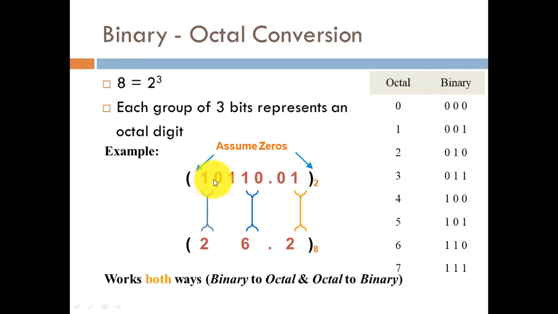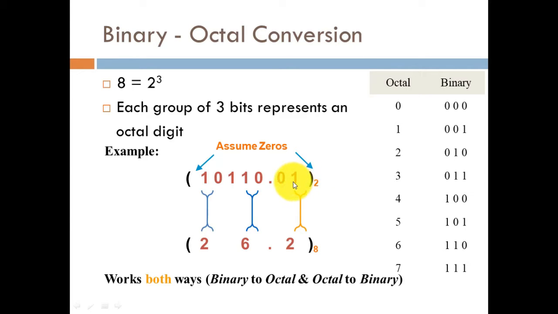Suppose this is the given number that we have, 10110.01. This represents the integer part and this represents the fractional part of the binary number, and we need to convert this binary number to the octal number system. So what we have to do is group all those bits into groups of 3 bits.